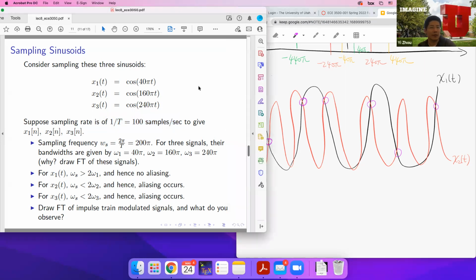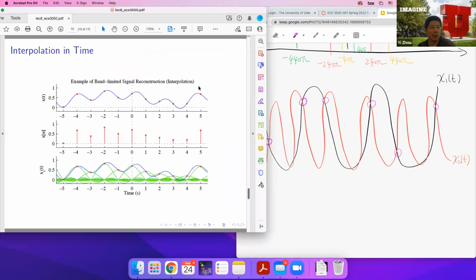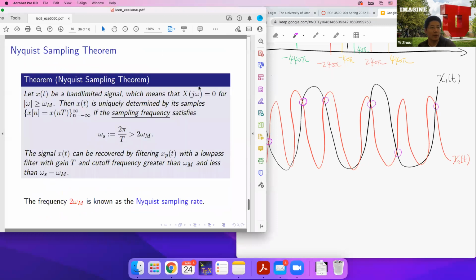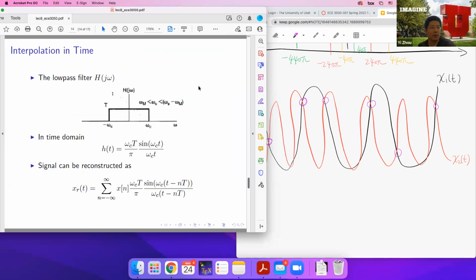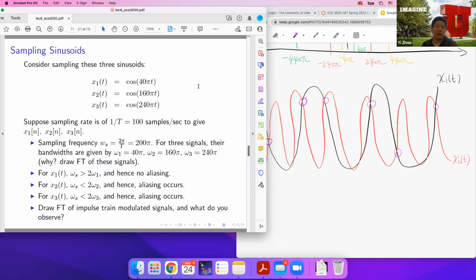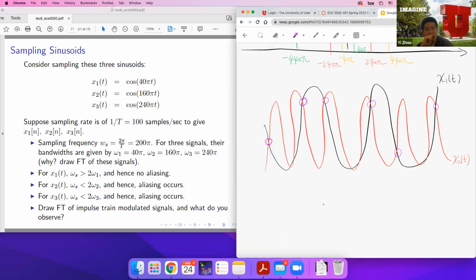I think it's very hard to visualize. I don't know if I have a figure here to visualize this. Let me quickly check. I remember somewhere. Yeah, you can visualize. You can plot this in MATLAB and verify by yourself.